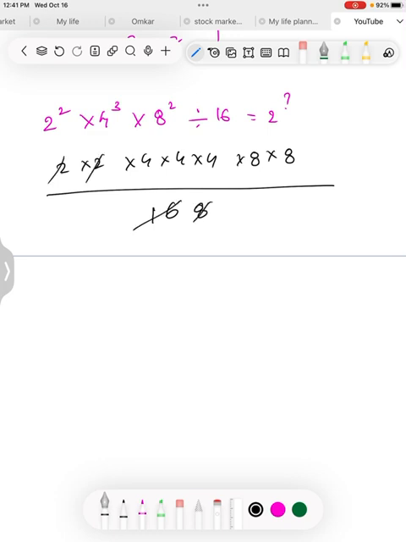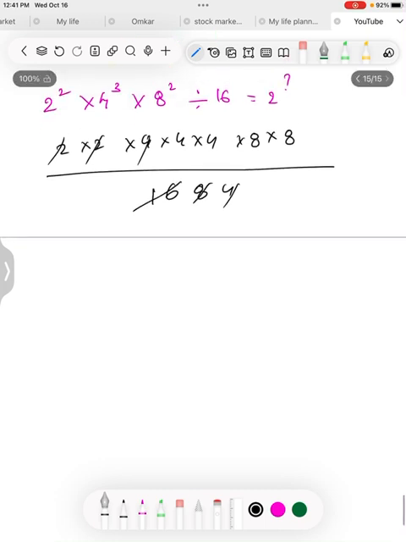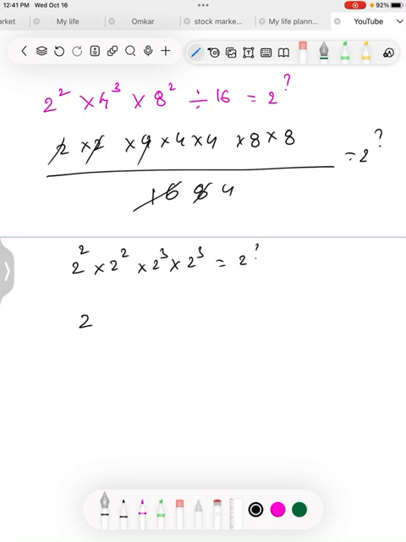It is asking for 2 power, so let's write everything as powers of 2: 2 square, 2 square, 2 cube, 2 cube. You can just sum it out. You'll get this. So question mark is equal to 10. That's it. In this simple way you can solve this question.